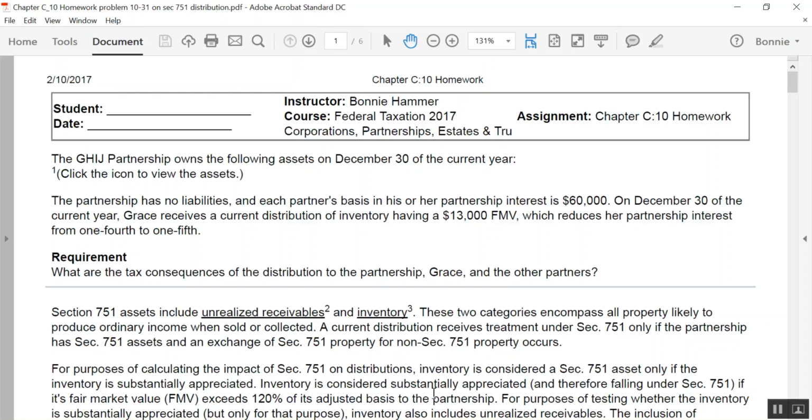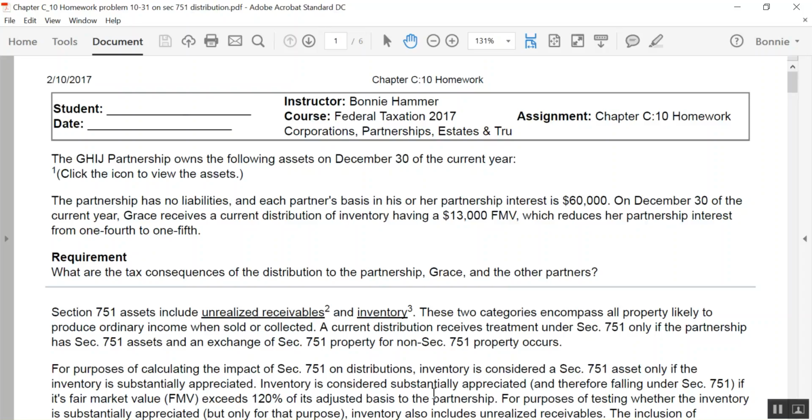However, and as I'll explain to you, the situation was a little bit different. What it tells you about 751 is that when you have a current distribution, a non-liquidating distribution, you're only going to have 751 treatment if the partnership has 751 assets and also non-751 assets, and there is deemed to be an exchange of 751 property for non-section 751 property.